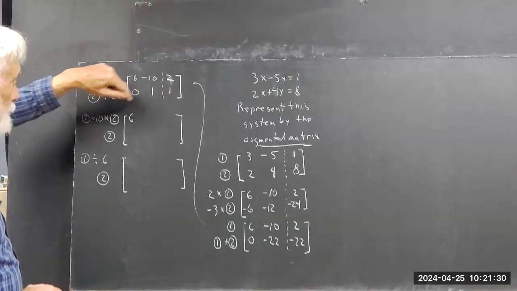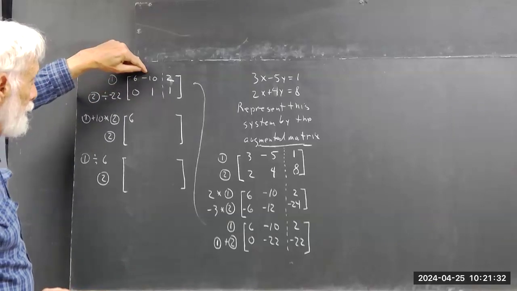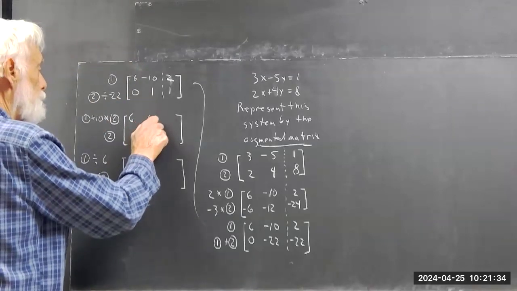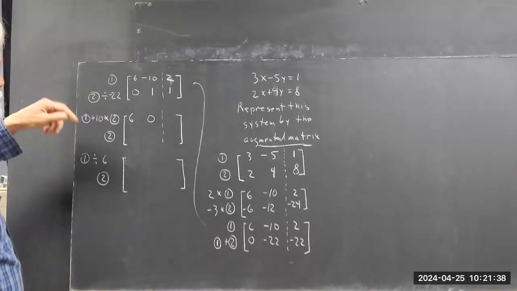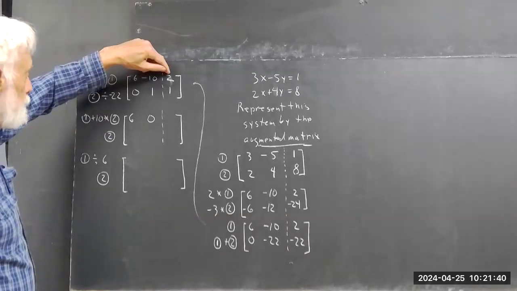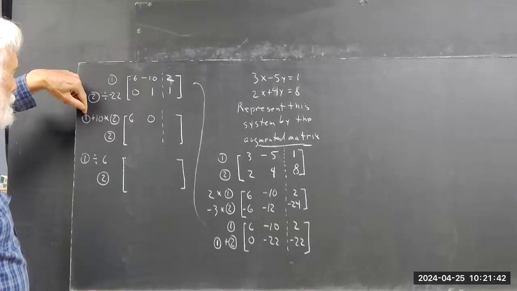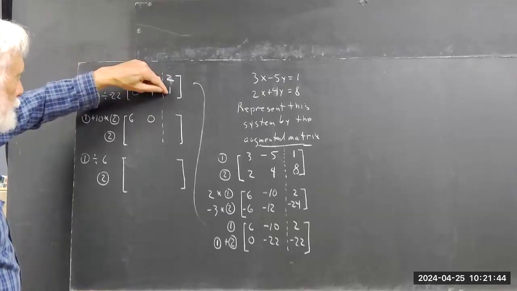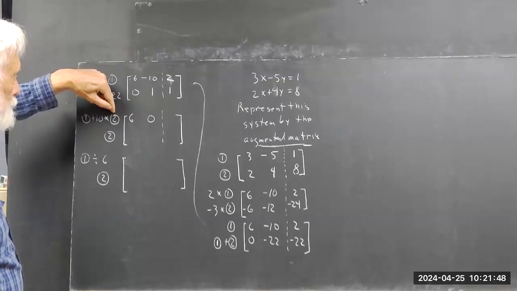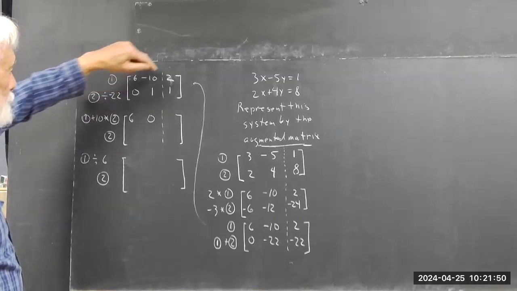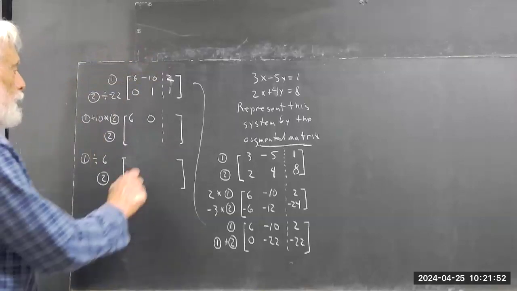Multiply 10 times the number in row 2, you get 10. Add that to -10, you get 0. And then row 1 has 2, and row 2 has 1. 10 times the row 2 number would be 10 times 1, which is 10. Add that to the row 1 number, which is 2, and you get 12.